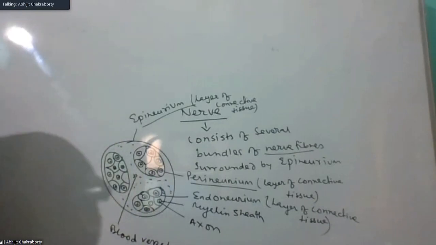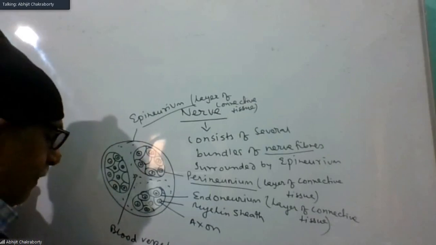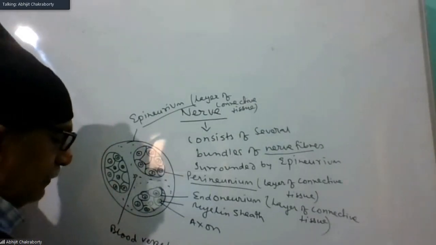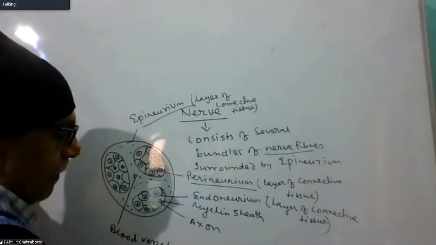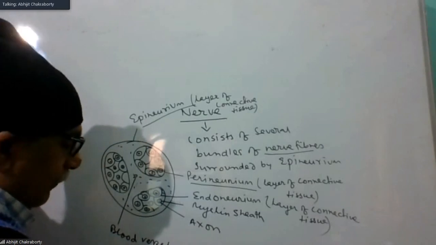So this is the nerve in cross section, the transverse section of a nerve.